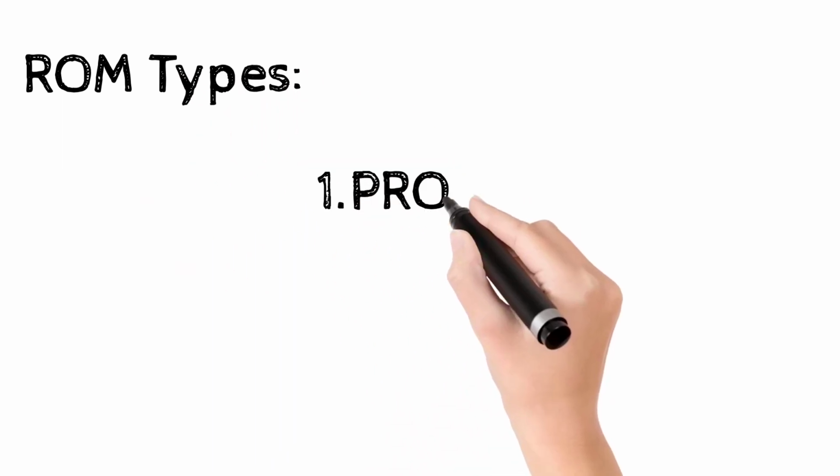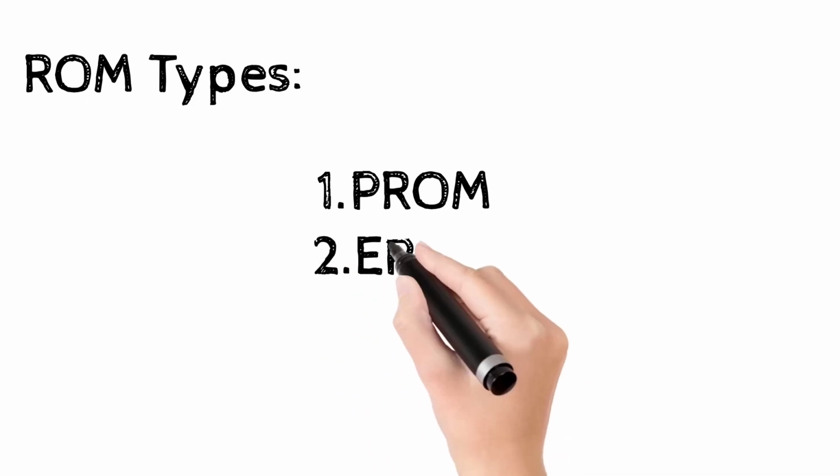ROM is further subdivided into several types. PROM, programmable ROM. EPROM, erasable programmable ROM. EEPROM, electrically erasable programmable ROM.